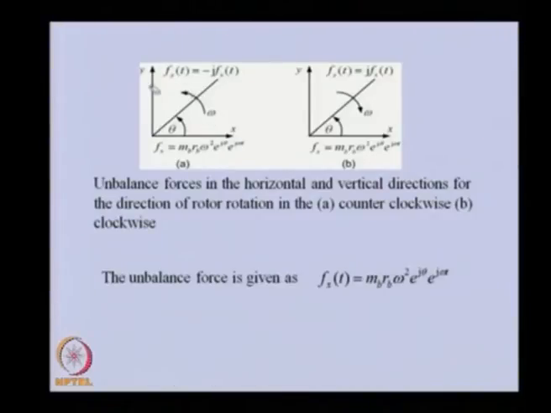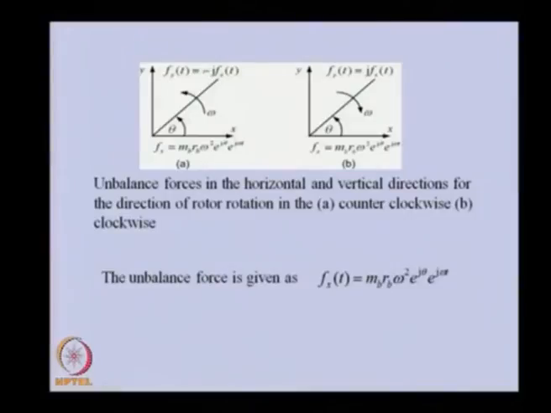So this y axis is lagging behind the x axis by 90 degrees. F_x and F_y are components of the same force and they have a phase difference of 90 degrees, so they will be related by minus j, because this represents the minus 90 degree phase.